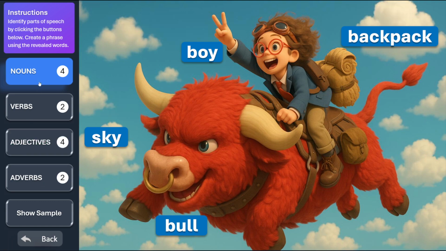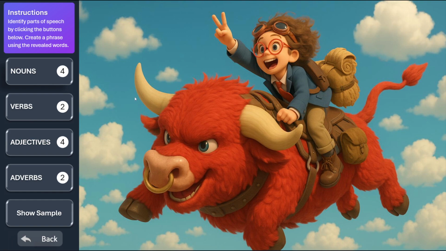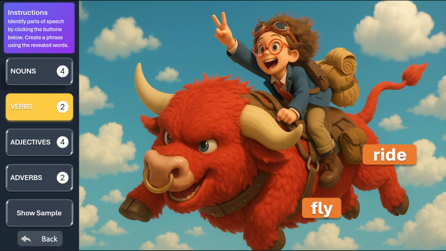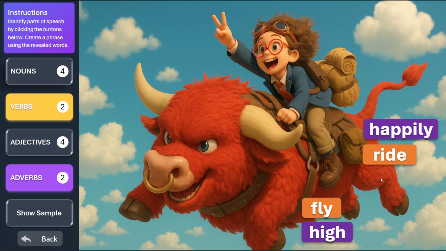What about the verbs? What verbs do we see here? I could say ride, right? The boy is riding the bull. And fly. The bull is flying through the sky. And then I might ask, could you describe those verbs? Say, well, the boy's riding happily, and the bull is flying high in the sky.